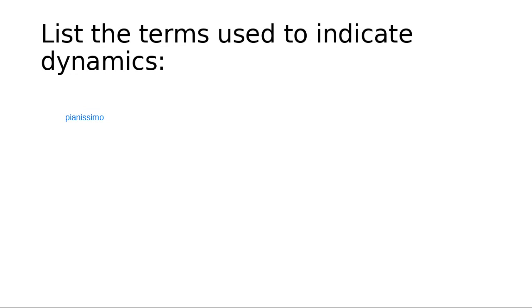Okay, and some of you guys are typing it now and doing a good job. So piano is soft. Forte means loud. And then anything with mezzo is going to be in the middle. So mezzo piano is slightly soft.